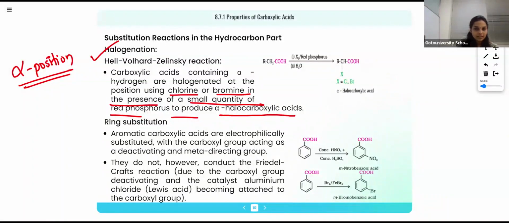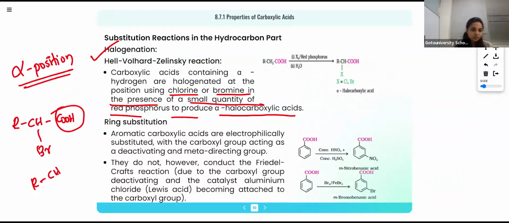Got it? Take R, CH, COOH, bromine. This is the alpha carbon, this is the beta carbon. But in the case of some other compound like RCH2CHBr, this is the alpha, because the functional group itself does not contain carbon and this halogen-containing carbon is connected to the first carbon.